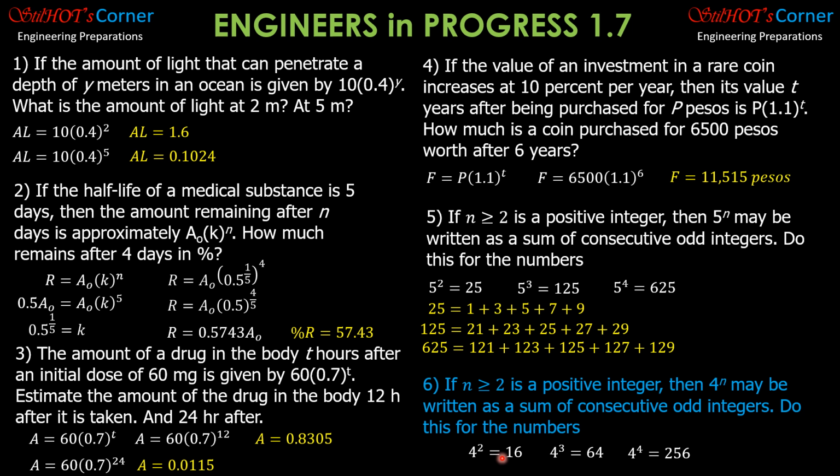So 16 is 1 plus 3 plus 5 plus 7. 1 plus 3 is 4, plus 5 is 9, plus 7 is 16. So that's 4 consecutive odd integers. Then you also do it for 64 and 256 just like what I did here. But there are only 4 consecutive odd integers.